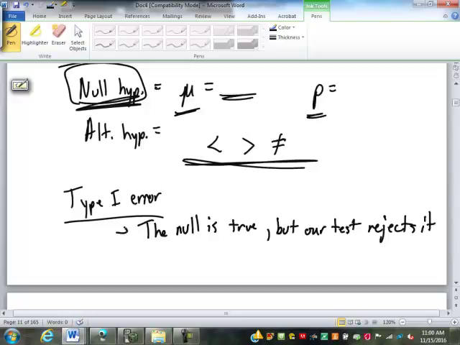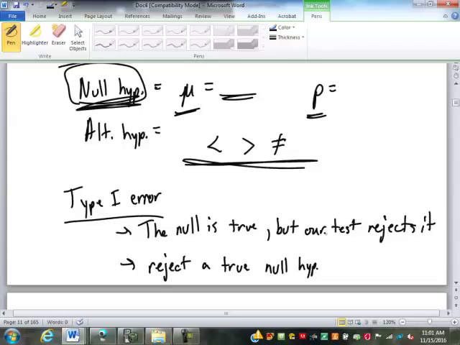Another way of wording it is you reject a true null hypothesis. So even though it was true, the results of your test caused it to be rejected, which means you just happened to get a sample that was way out on one of the ends of that curve that had a mean or proportion that was way out on the tails of that bell curve, and it is possible.